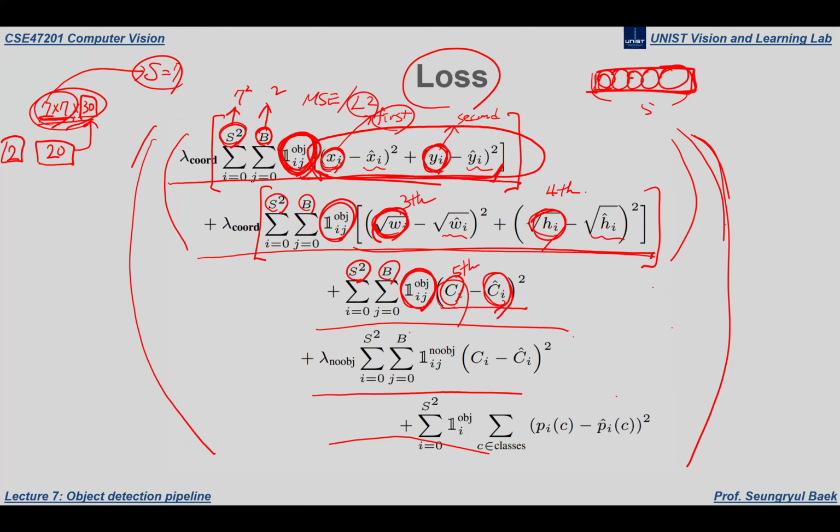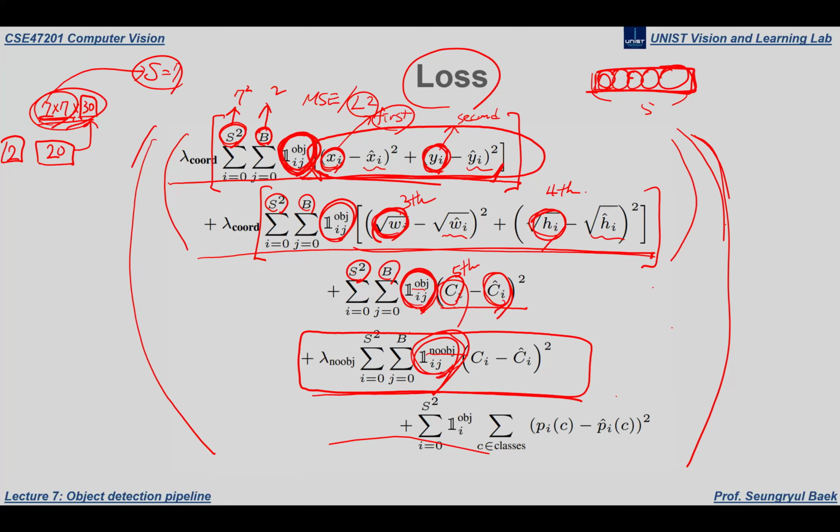And if that grid does not have an object inside, then this flag is turned on. This flag is turned on for the no-object grid. For the grid which has an object inside, this becomes 1, and it becomes 0 for bounding boxes which do not have an object inside.